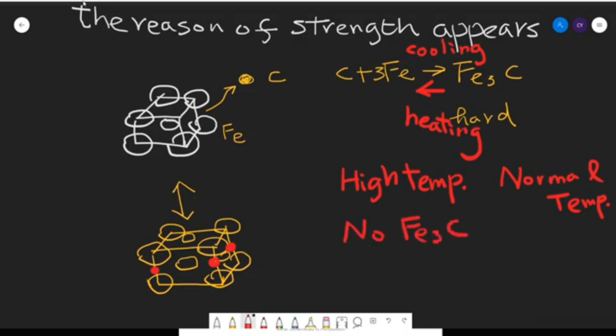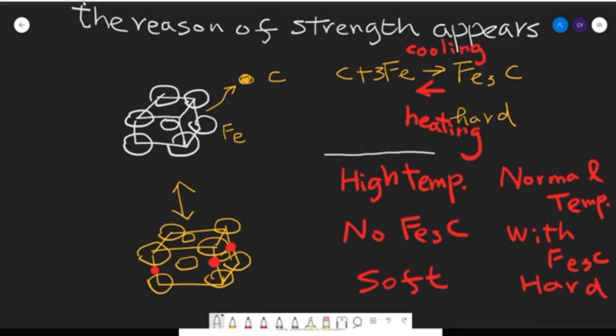In normal temperature, with carbide. So it's soft, and here is hard.